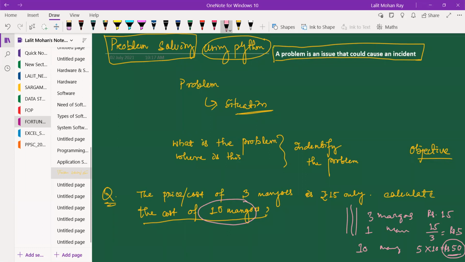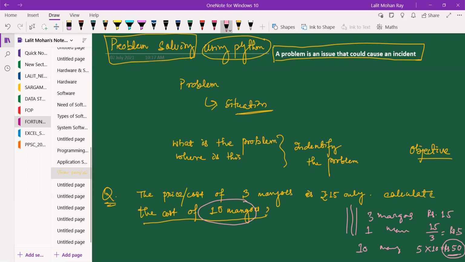But the steps are same, whether it is a very simple problem or a very large problem. The method of problem solving is same. How? Here also we identify what is the problem, what the objective mentioned in the problem.